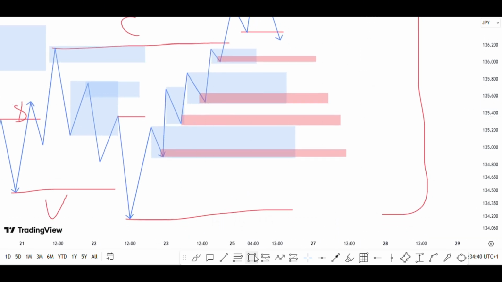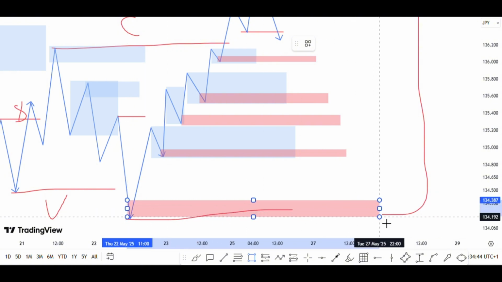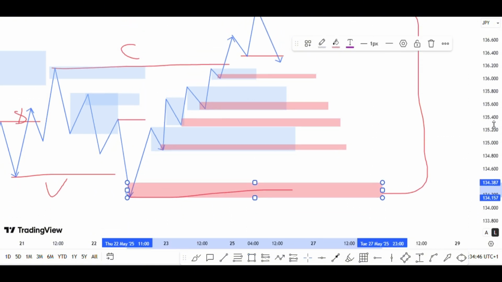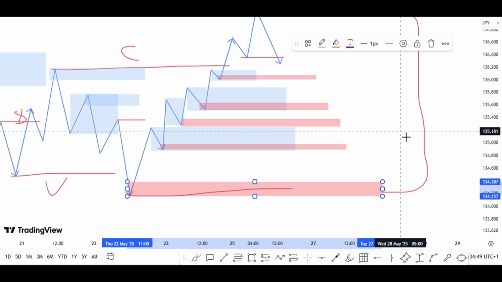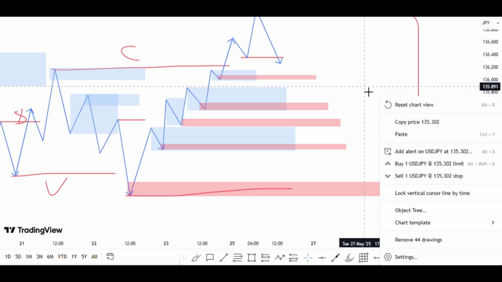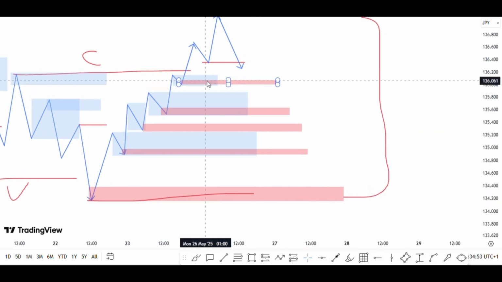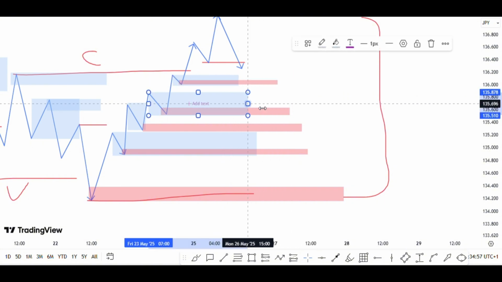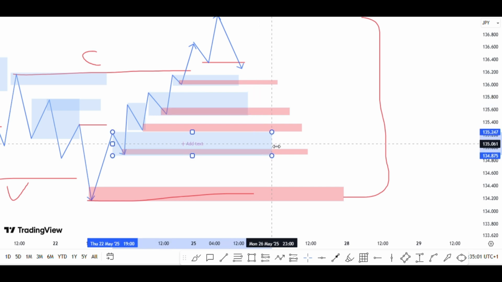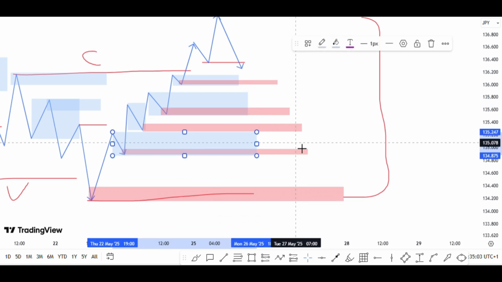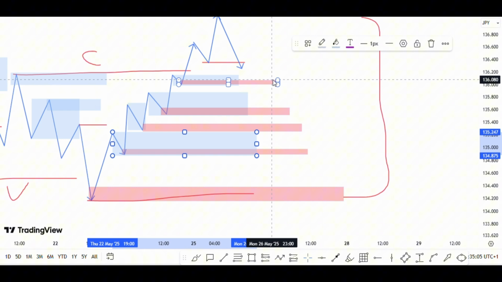Then if you look at this, this is the last momentum, so this can also be our order block. So if you are faced with this kind of situation, what are you going to do? Look at this. You have order flow that hasn't been mitigated, order flow that hasn't been mitigated, order flow that hasn't been mitigated, and 1, 2, 3, 4, 5 order block.